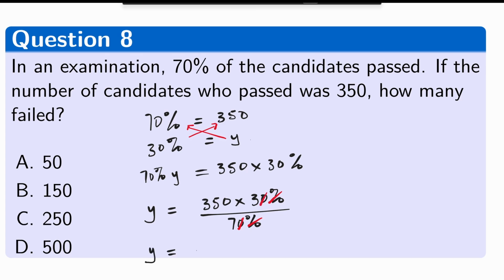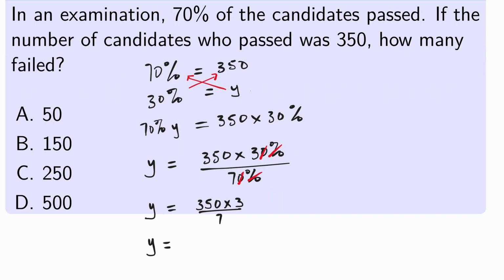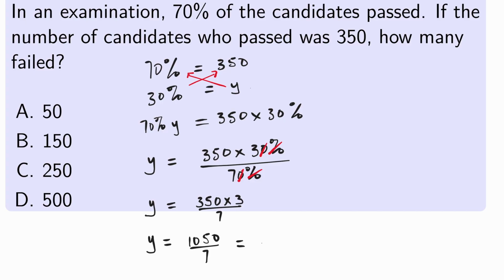Thus, y is equal to 350 times 3 divided by 7, right? Thus, y is equal to 1050 divided by 7. Thus, y is equal to 150. And so the number of students who failed the exams is equal to 150. So the correct option is option B.